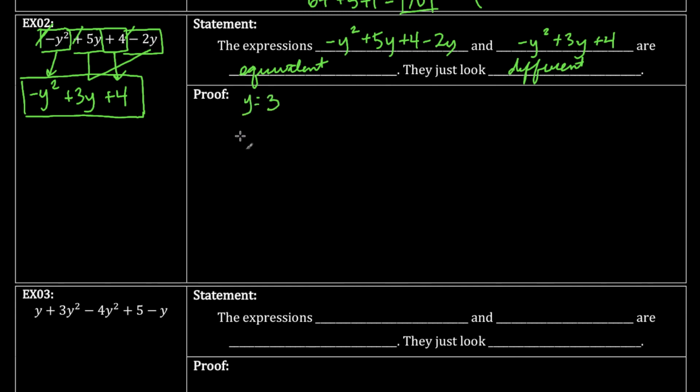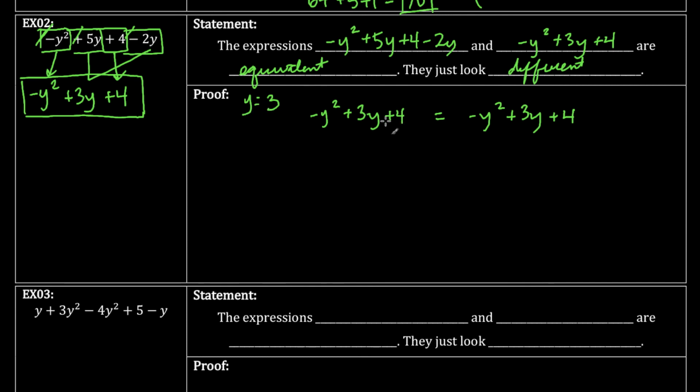I'm going to prove it using this one line with an equal sign. So negative y squared plus 5y plus 4 minus 2y is equivalent to negative y squared plus 3y plus 4. They just look different. Now I'm going to substitute a number in for y.